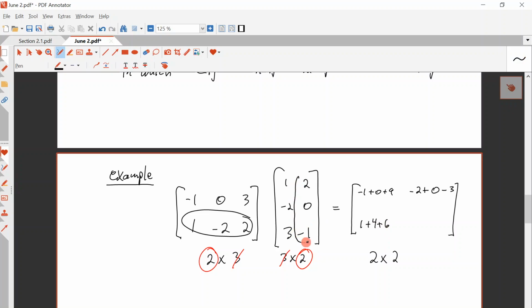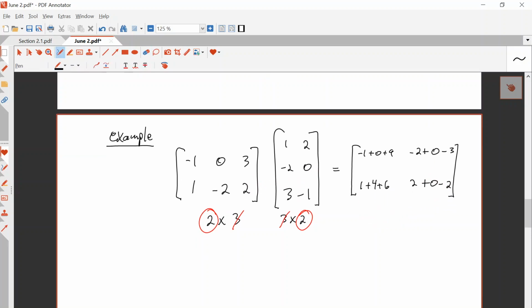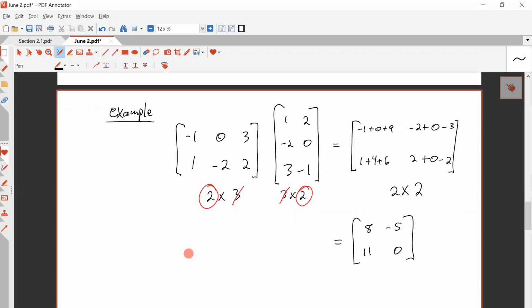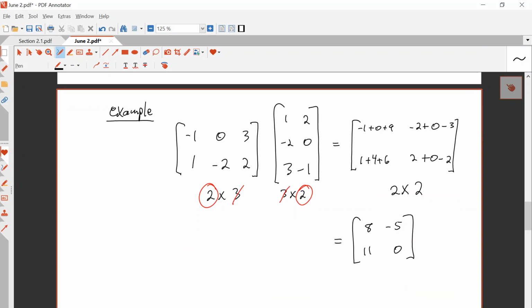And now take the second row, second column. 1 times 2 is 2, minus 2 times 0 is 0, and then 2 times minus 1 is minus 2. Alright, so that is the result. And if you just add those things up, we have 8, minus 5, 11, 0. Okay, so that's matrix multiplication.